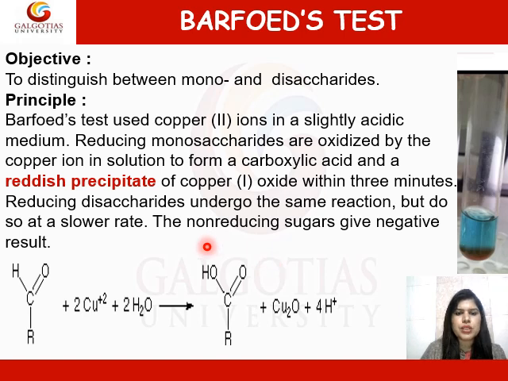So we can distinguish monosaccharides and disaccharides based on the Barfoed test. If the result comes within 3 minutes, then they are monosaccharides. If the reddish precipitate appears after 5 to 10 minutes, then they are disaccharides.